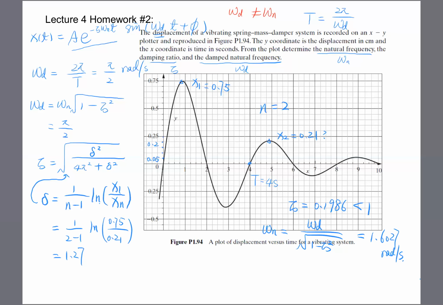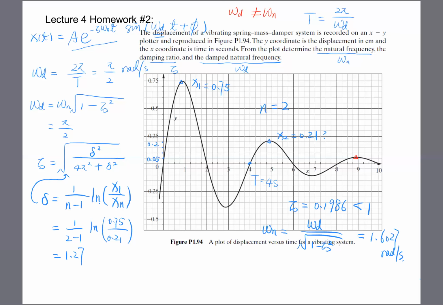Well, that's a good question. So yes, you can definitely use that. That's not the only way to find the damping ratio here. The other way is you can also pick the third peak. From x1 and x2 you get one damping ratio value.